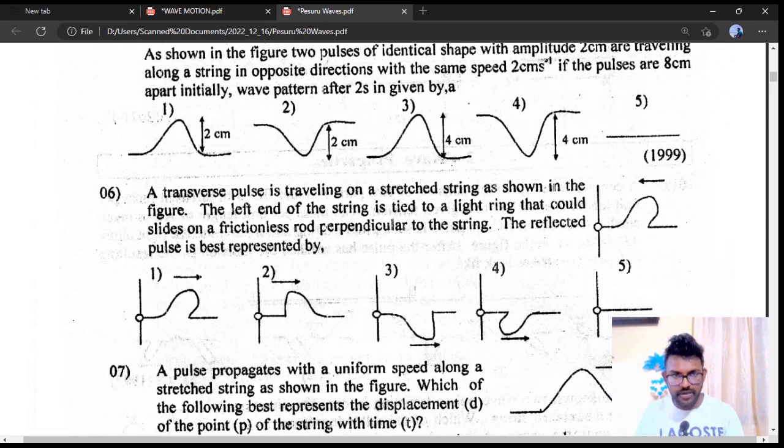A transverse wave pulse is traveling on a stretched string as shown in the figure. The left end of the string is tied to a light ring that could slide on a frictionless rod perpendicular to the string. Thus, the reflected pulse is best represented by. Pause the video and think about it.